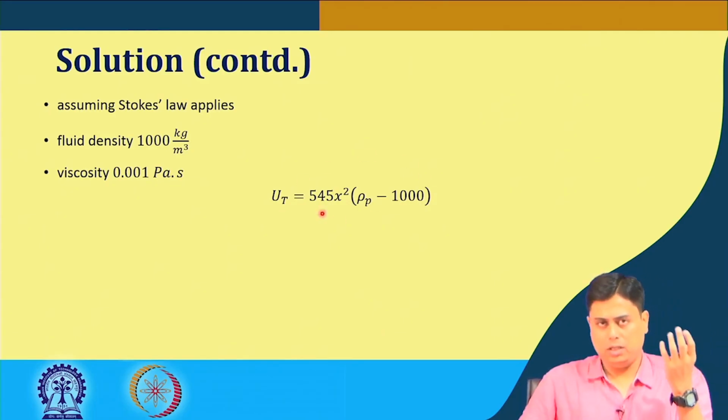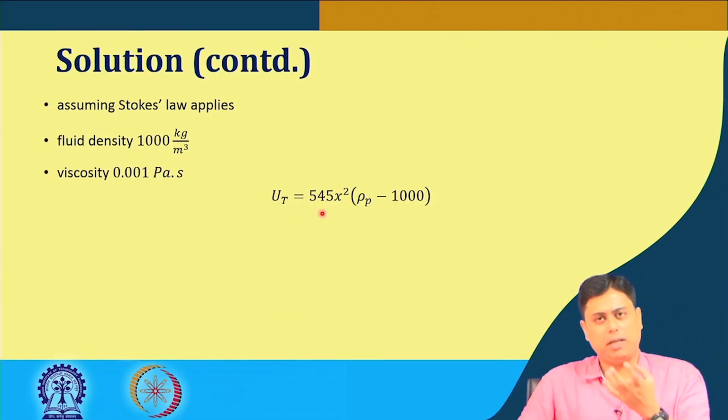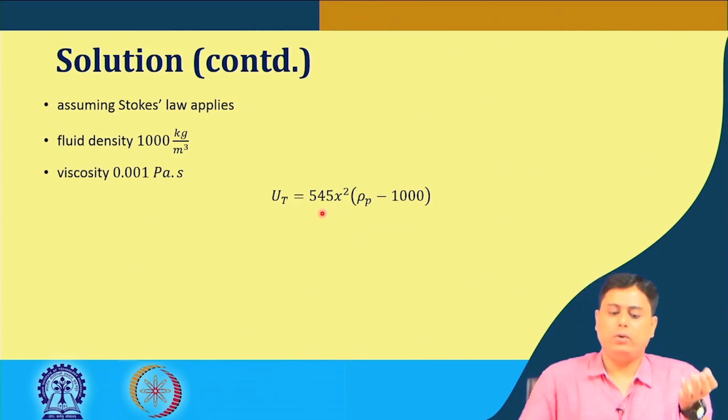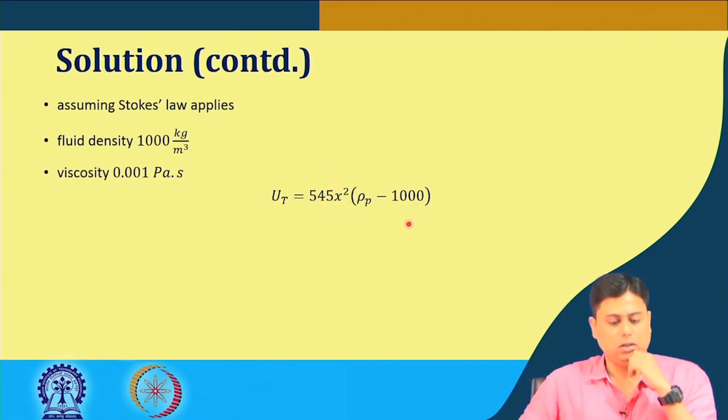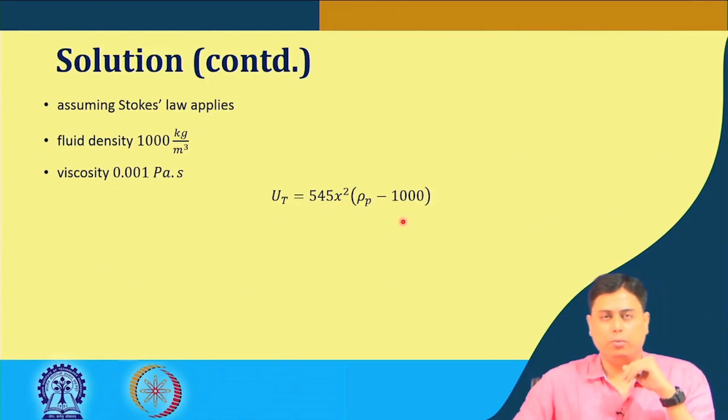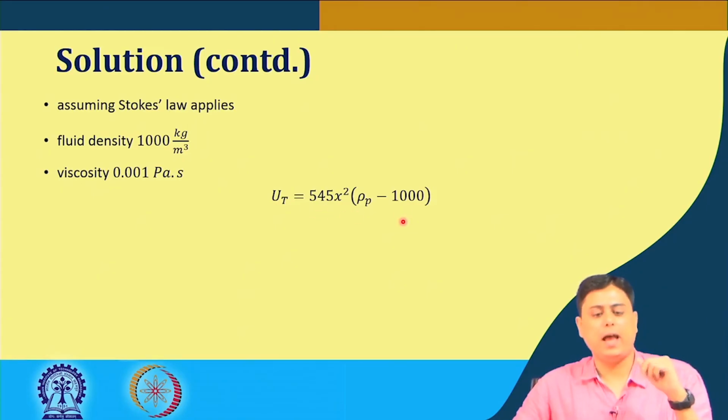Again, the UT expression is x square multiplied by the relative density multiplied by g divided by 18 mu. In this case, mu and rho f are known, as well as g. By doing that, we see that the expression is 545 x square multiplied by rho p minus 1000. It is written in rho p because we have two materials here, and this is applicable now for both the materials.